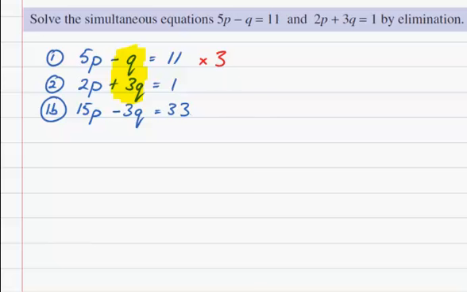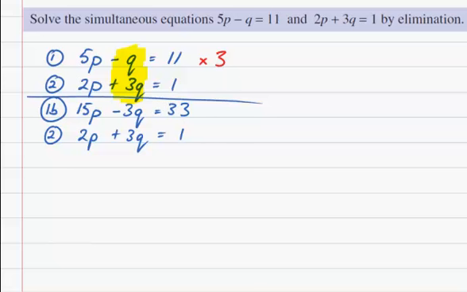Now I've got the same coefficient for q. I'm just going to write those two equations out again. That's 1b, and 2 was 2p plus 3q equals 1. Am I going to add them or subtract them? Remember that they're different.